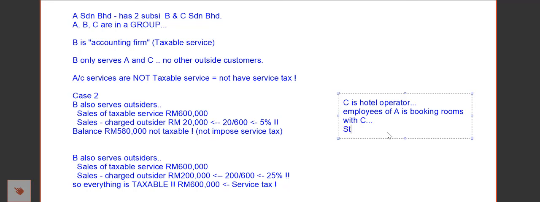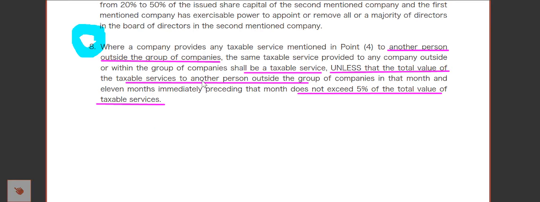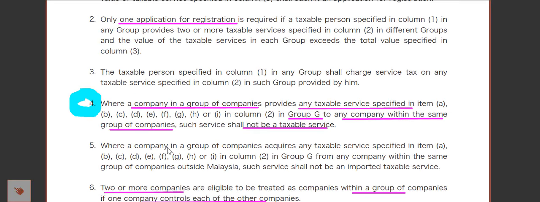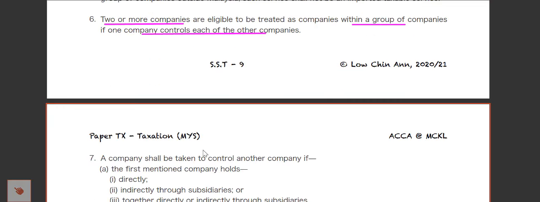No, it will still be a taxable service because accommodation is not included as part of the exemption for group. I hope that gives you clarity about what is group service.